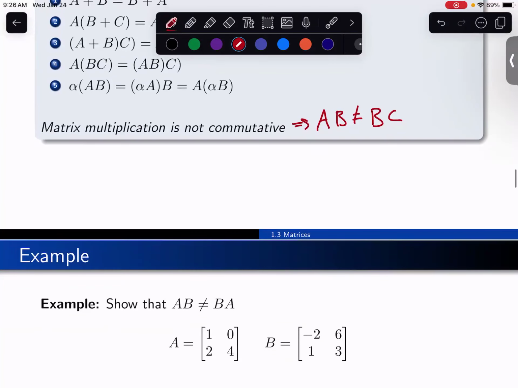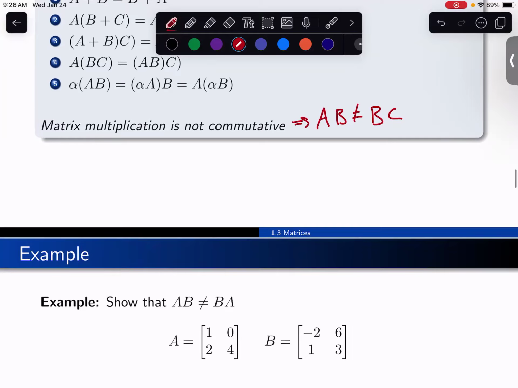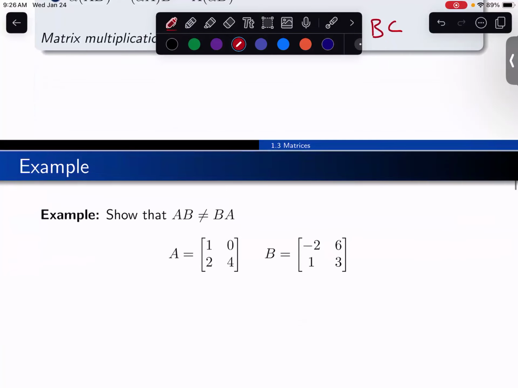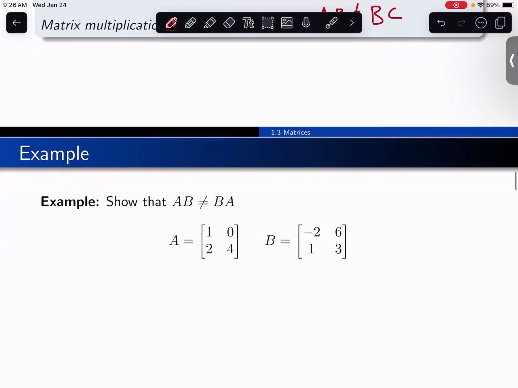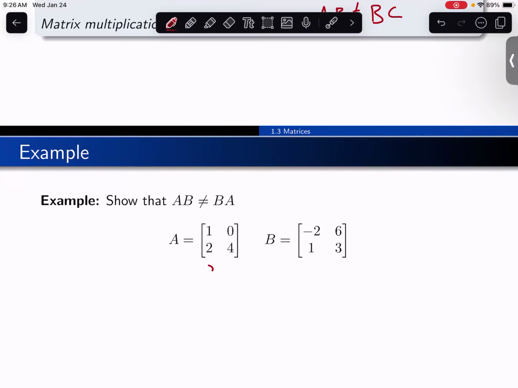So just as a simple illustration to show that A times B may not be equal to B times A, the first thing I want to note, maybe I'll do this a couple of times here in the beginning of the semester: A is a 2 by 2 matrix, and B is a 2 by 2 matrix. We have 2 rows and 2 columns. So AB should be a 2 by 2 matrix as well.